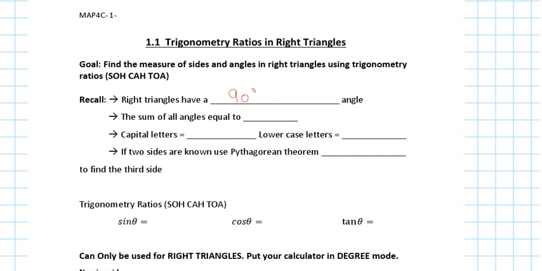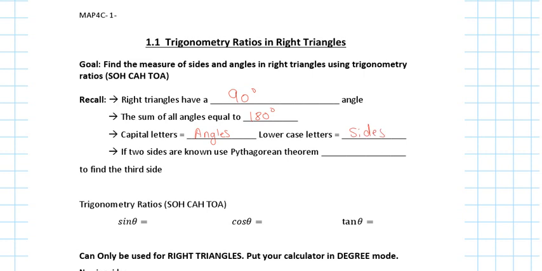The sum of all angles equals 180 in a triangle. Capital letters indicate angles, and lowercase letters indicate sides.